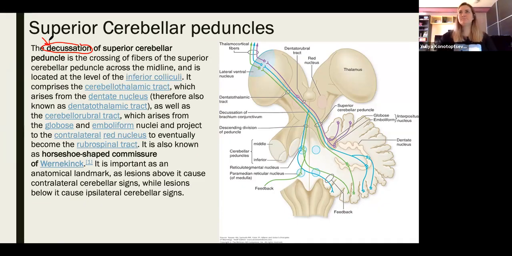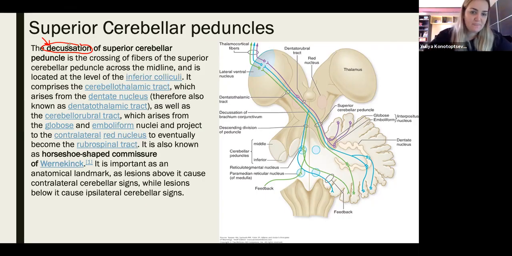Remember, for example, the lateral corticospinal tract on the left is responsible for the right arm or right leg. But the fibers were crossing at a certain region.